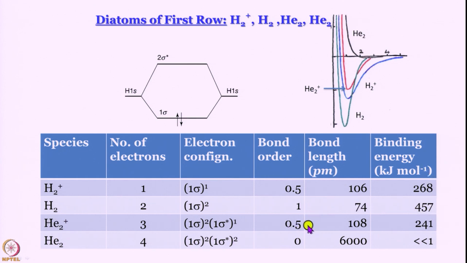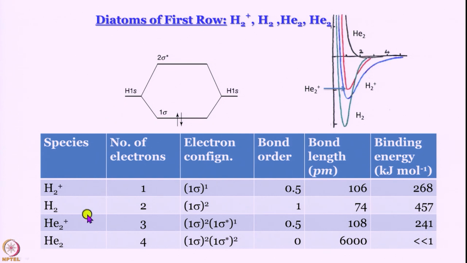Bond order is the same as that of H2 plus, but bond length is a little longer, binding energy is a little lesser. Why? Because now in addition to these 2 electrons you have an electron in the antibonding orbital, and destabilization of antibonding orbital at equilibrium bond length is actually a little more than the stabilization of the bonding molecular orbital. That is the problem.